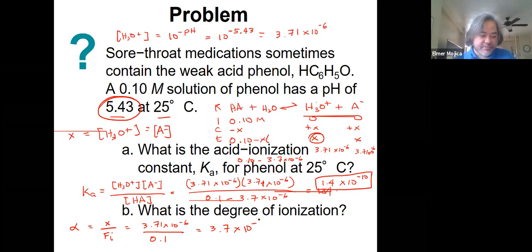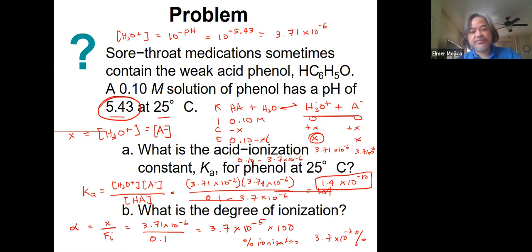And if you want the percent ionization, all you need to do is multiply this by 100. So you will have 3.7 times 10 to the negative 3 percent. So that's how you solve the problem.